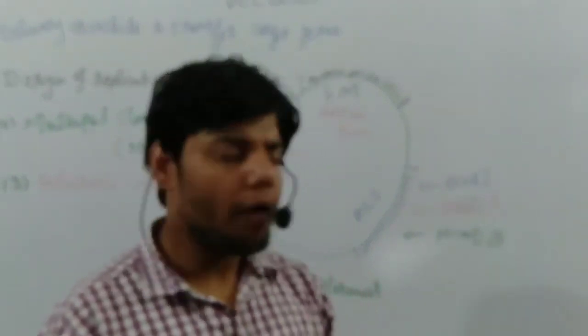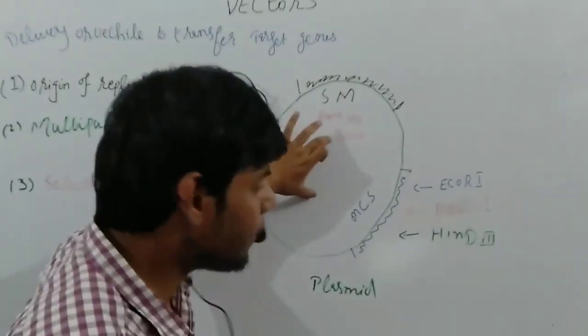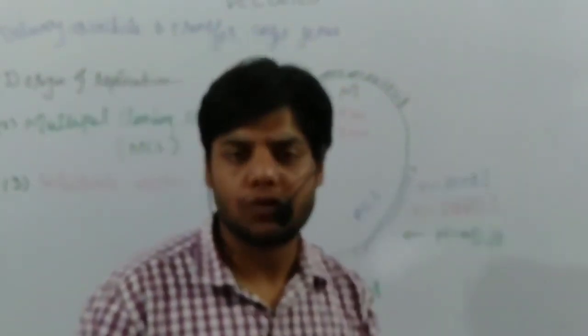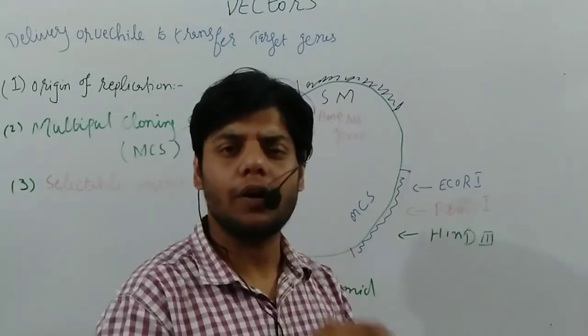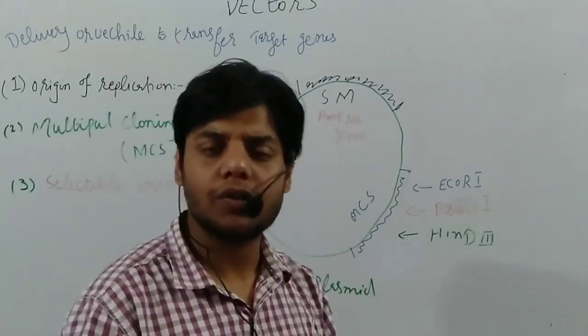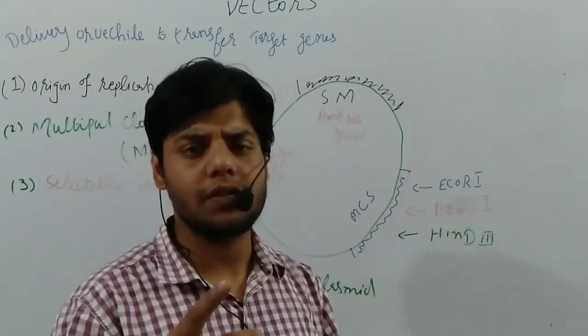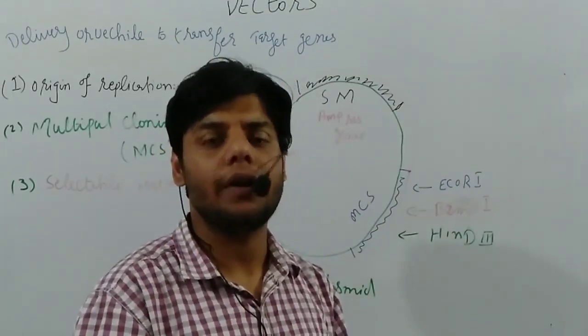After that, sometimes the vector will self-anneal, and there are three possibilities that usually happen during recombinant DNA technology, due to which our experiment can be disrupted. What are these three possibilities?